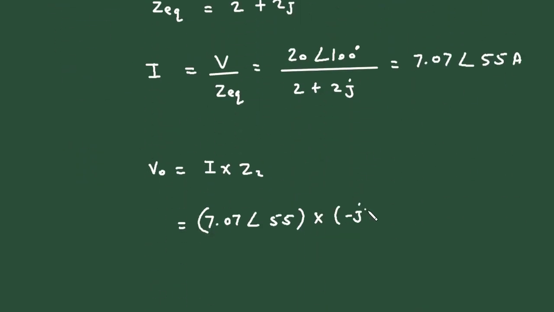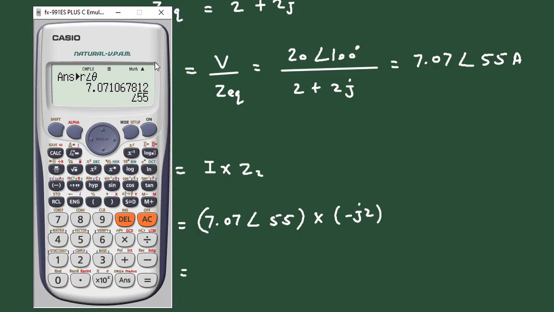So therefore VO is equal to, let's solve this in the calculator directly, 7.07 at an angle of 55 into minus i into 2.